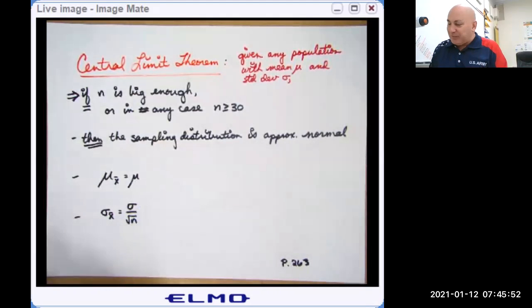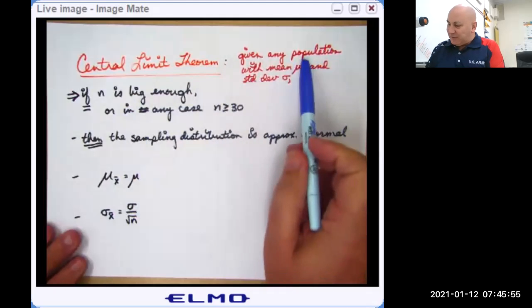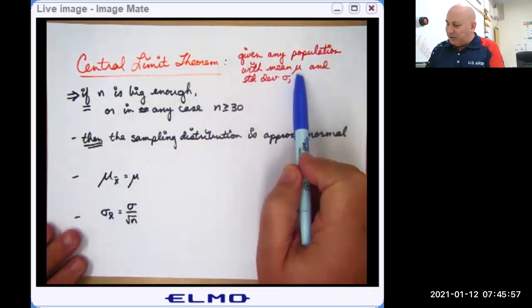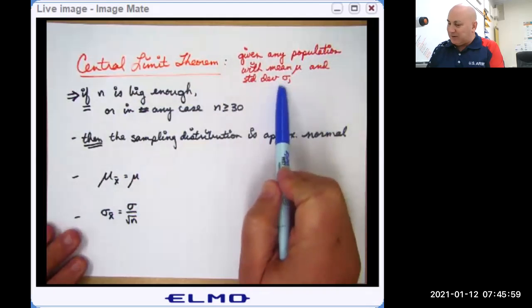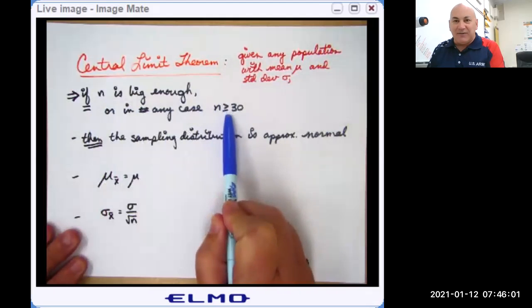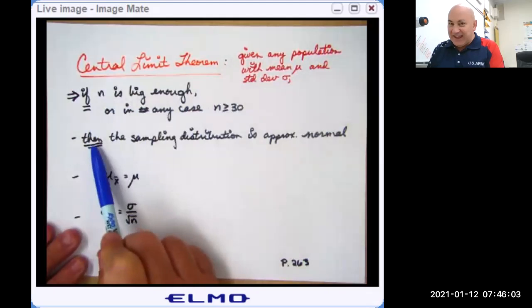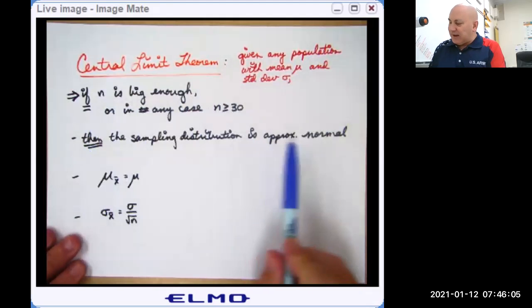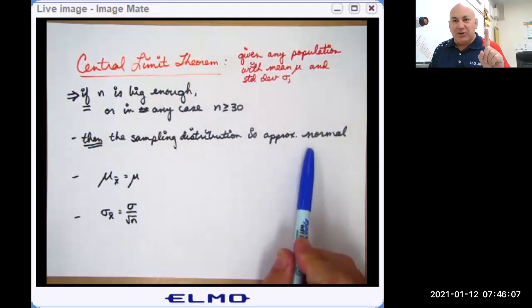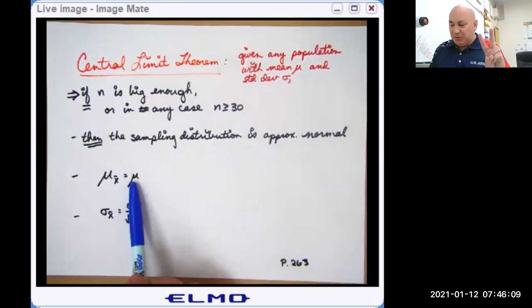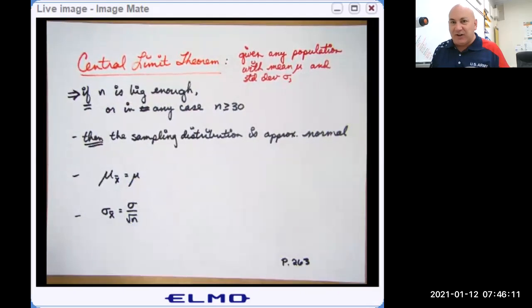So again, if you have a population with a mean of mu and a standard dev of sigma, and if n is big enough, then the sampling distribution will be approximately normal with a mean of mu and a standard dev of sigma over root n.